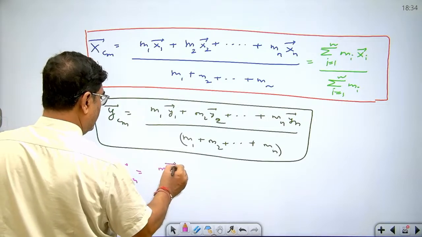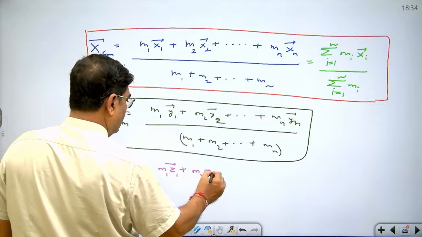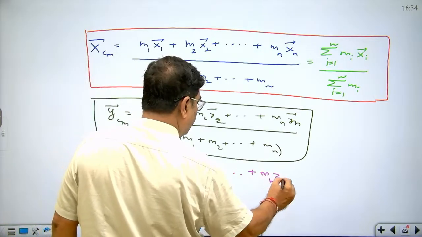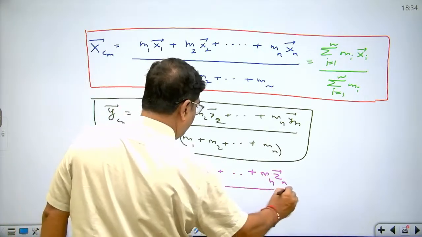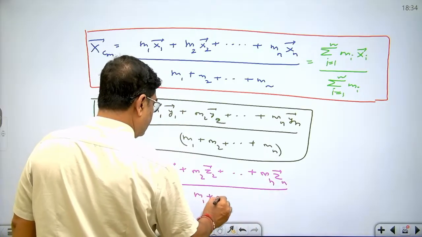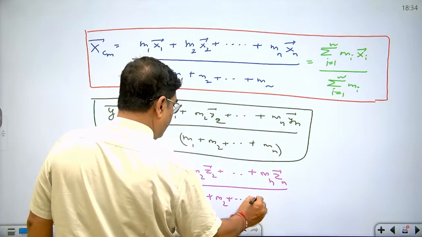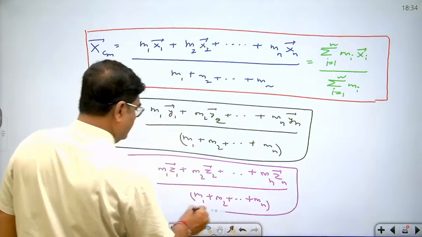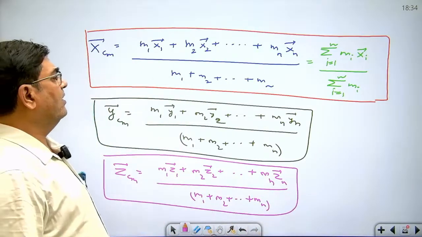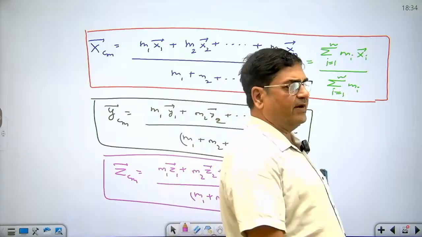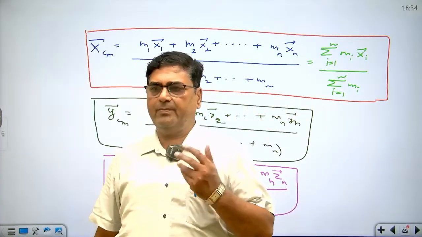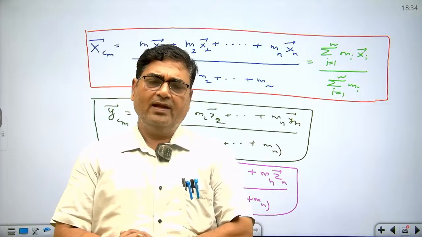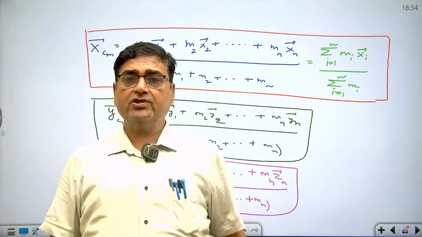This is M1 Z1 plus M2 Z2 plus Mn Zn, divided by M1 plus M2 plus Mn. Dear student, this is ZCM. And the position vector of center of mass is XCM i-cap plus YCM j-cap plus ZCM k-cap. Okay. Now, let's start solving for the position of center of mass.